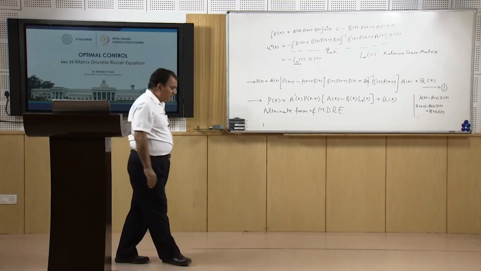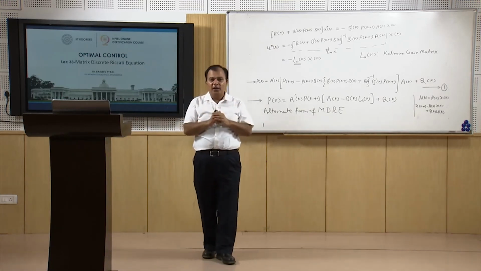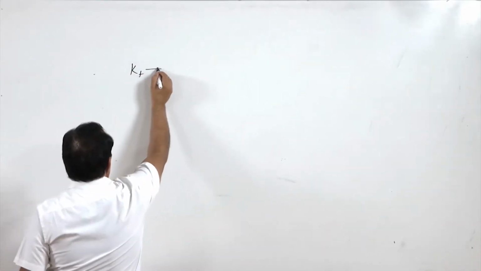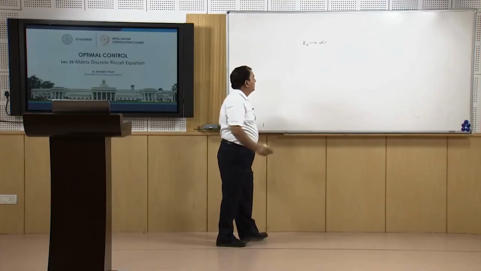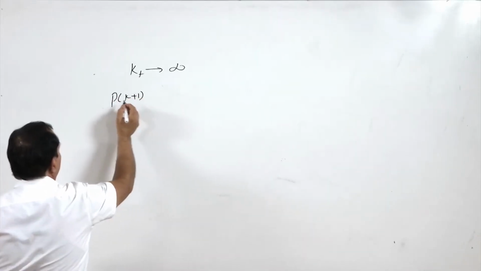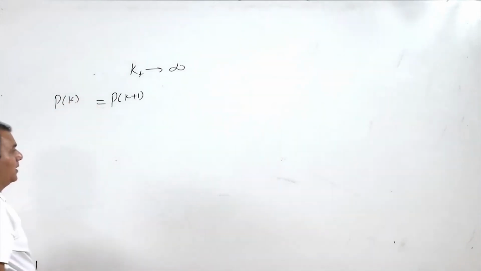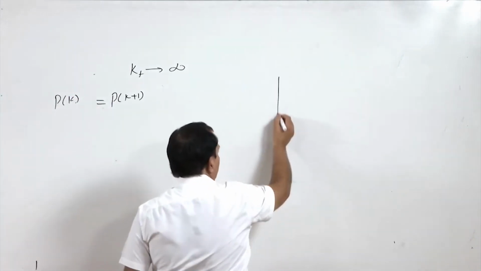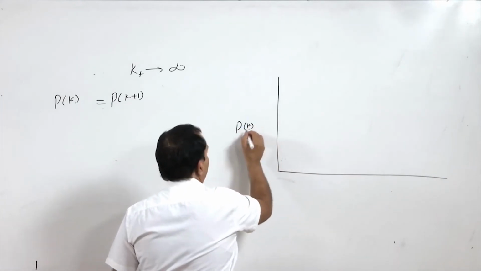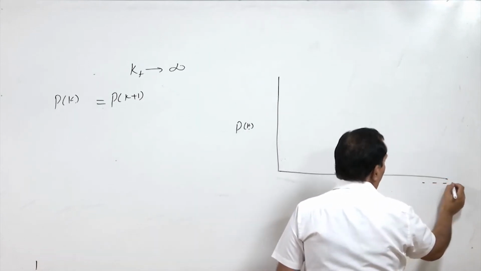Now, this was the time varying case. As my K_f approaches infinity, my P_{k+1} is nothing but its previous value of P_k. This means we start evaluating the P_k from a very large value of K, say infinity.